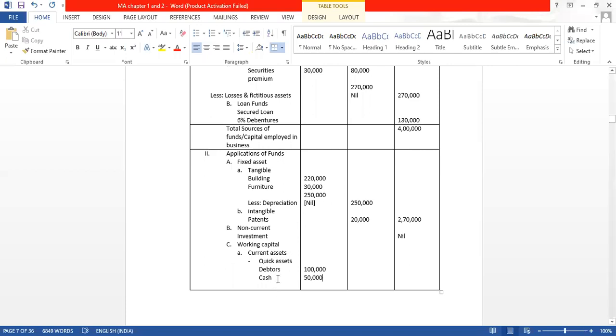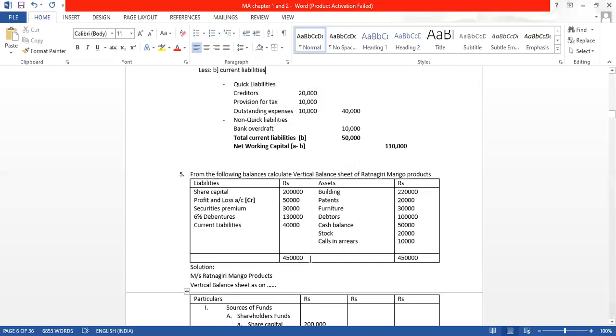Then we have non-quick asset. In non-quick asset there is stock, prepaid expense, prepayments, advance for goods, advance tax. We have only stock, 20,000.